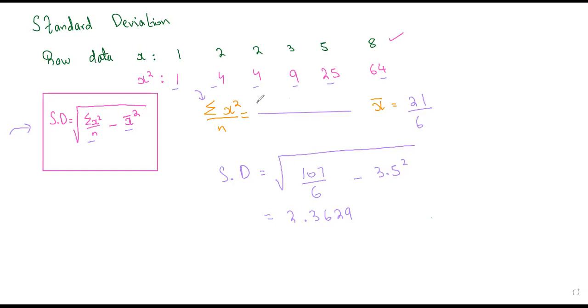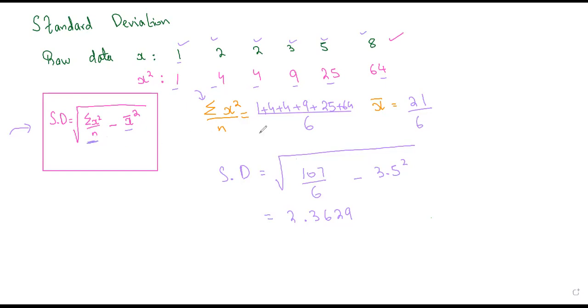So 1 plus 4 plus 4 plus 9 plus 25 plus 64. What is n? N is the number of terms, 1, 2, 3, 4, 5, 6. This is x. How do we find mean? That is very simple. I'll add them 1 plus 2 plus 2 plus 3 plus 5 plus 8 and divide that by 6. Once I get these two, I'll plug in the formula.